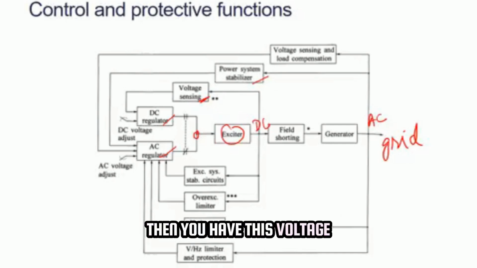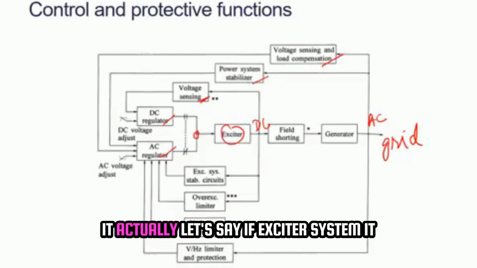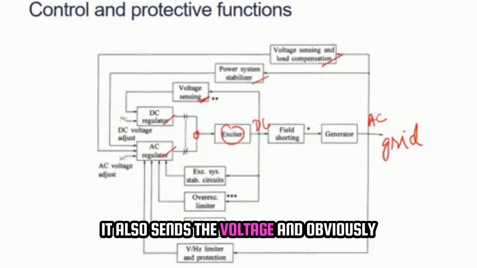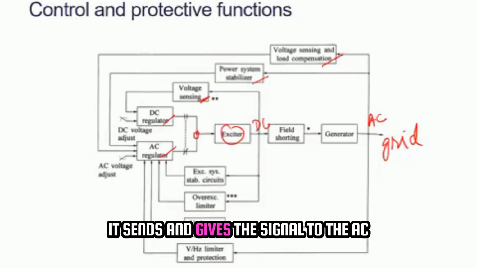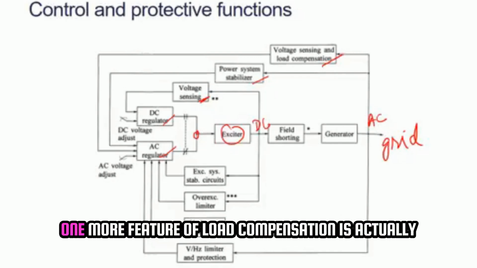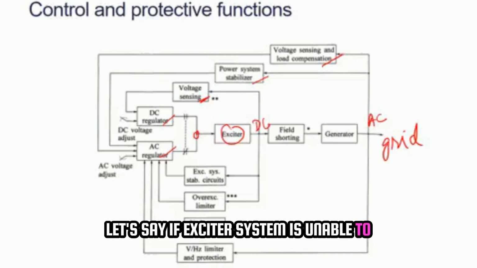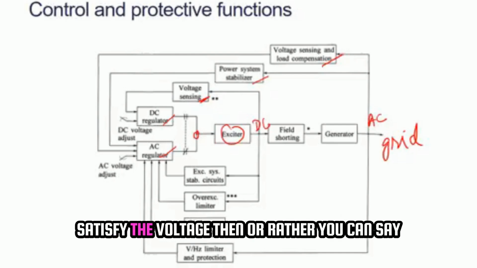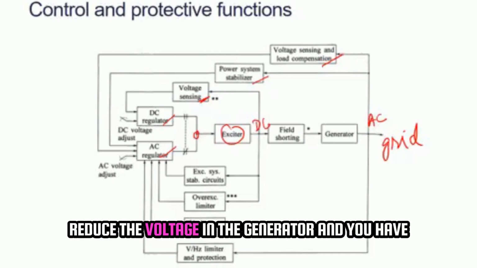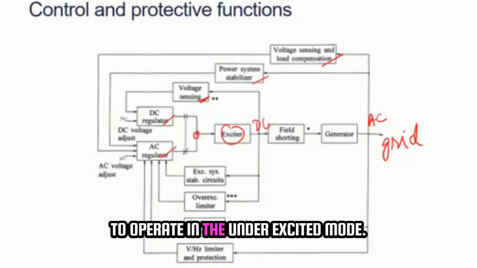Then you have voltage sensing and load compensation. The exciter system also senses the voltage, and obviously it is connected to the AC regulator because it is sensing the AC voltage, and it gives the signal to the AC regulator. Here I'm also adding load compensation. One more feature of load compensation is, let's say the exciter system is unable to satisfy the voltage, or you have to reduce the voltage in the generator and operate in the under excited mode.